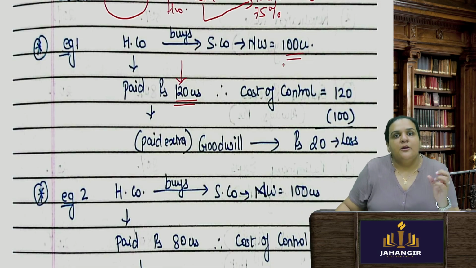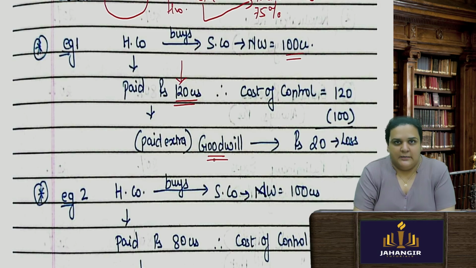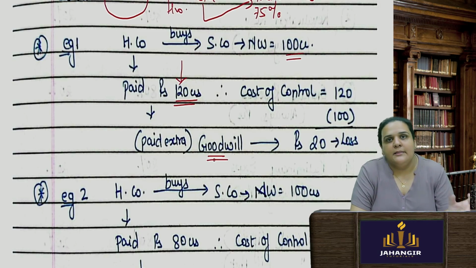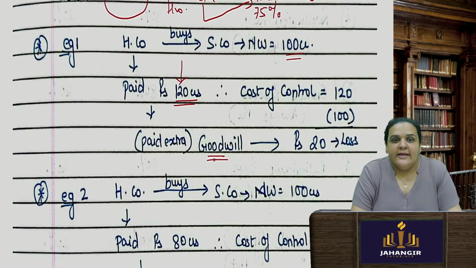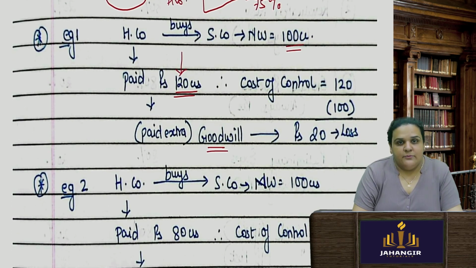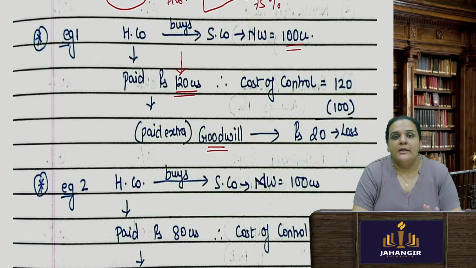So that 20 CR is like a loss for the holding company. When it is a loss for the holding company, we will treat it as if we have paid towards the goodwill of that subsidiary. We had to pay extra because the subsidiary company is carrying goodwill in the market. Hence for 100 crore net worth, we paid 120 crores. When I say we, I am talking from the holding company point of view.